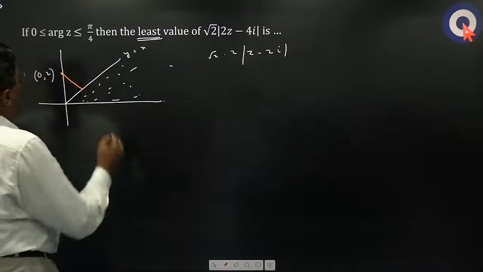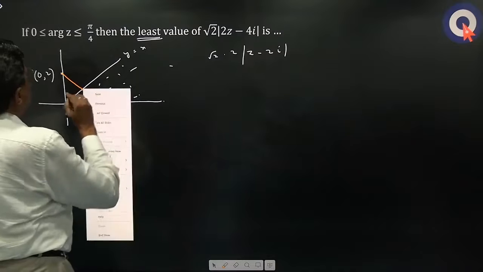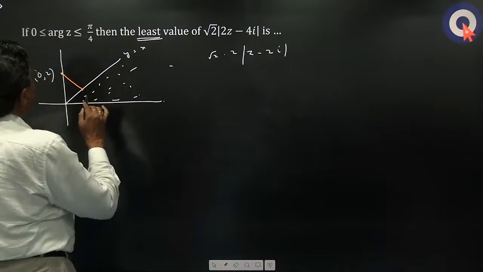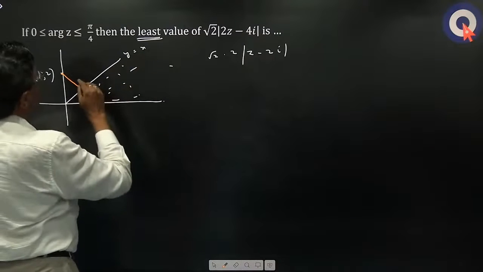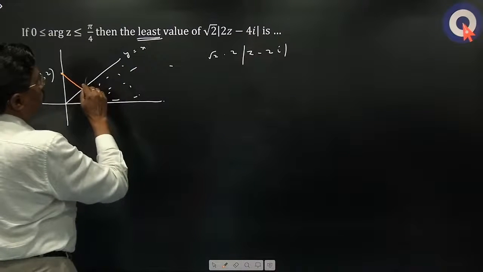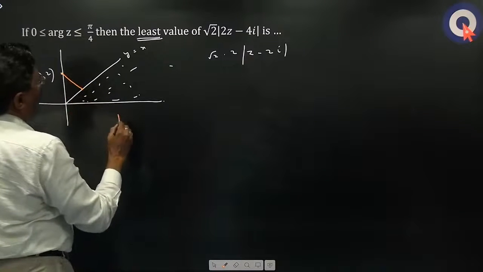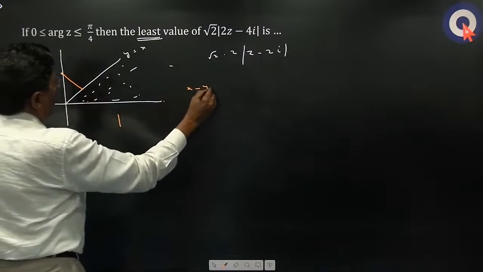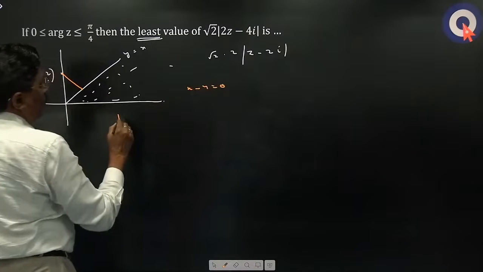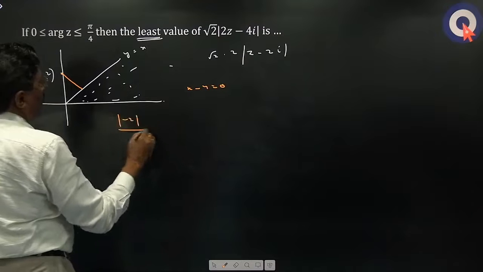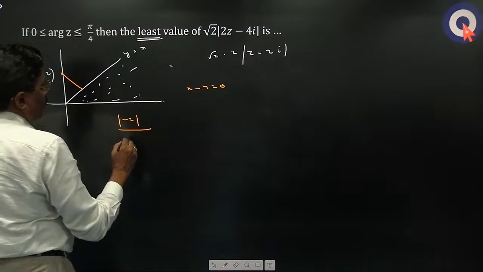So therefore, this is mod of x minus y is equal to 0, right? So it is mod of 0 minus 2 by root of 1 square plus 1 square. So root 2.